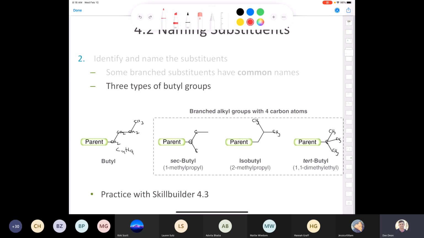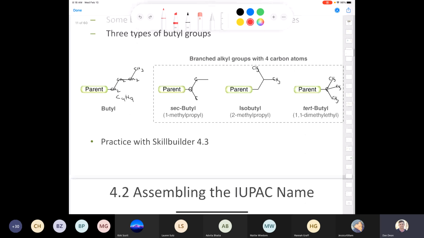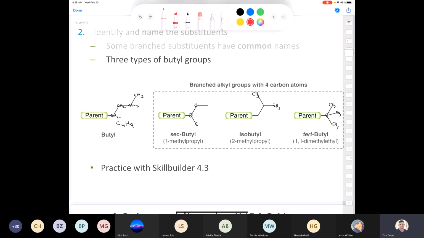All right, now our book goes into alkyl groups that have 5 carbons. I'll just draw them down here. Now, this is something that I didn't include in my slides, but if you have an R group as your parent, and then you have 1, 2, 3, 4, 5 carbons, this would be called a pentyl group.